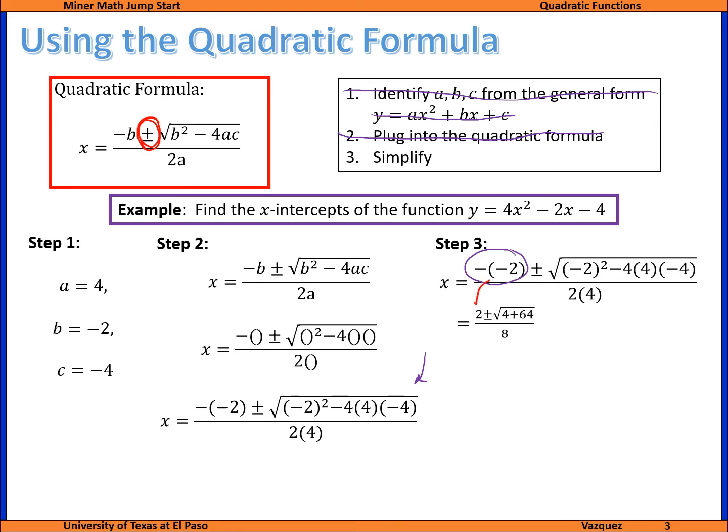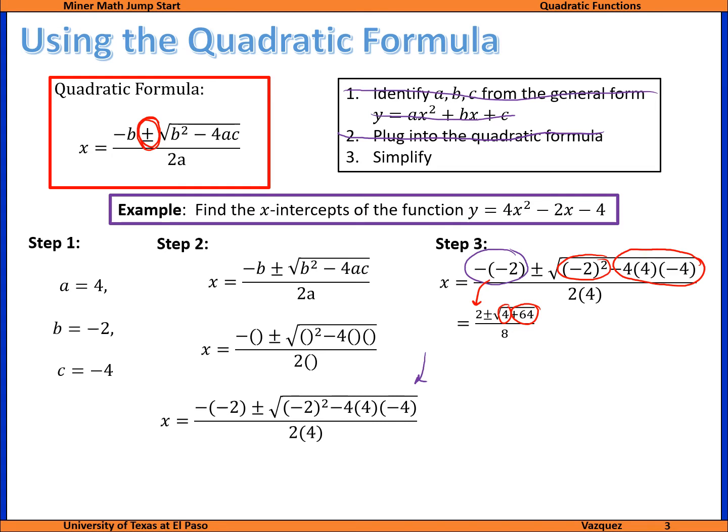Anyway, we're simplifying here to positive 2. Negative 4 times 4 times negative 4 equals positive 64, which is down here. Negative 2 squared is equal to 4. That's why we have it here. Over 8. Once again, we can simplify that.